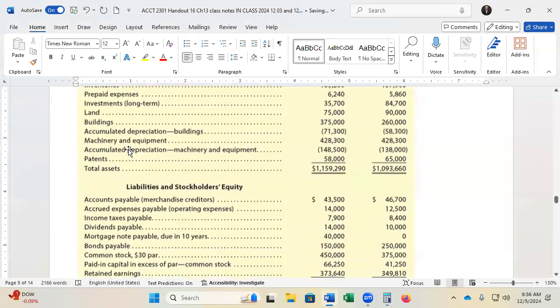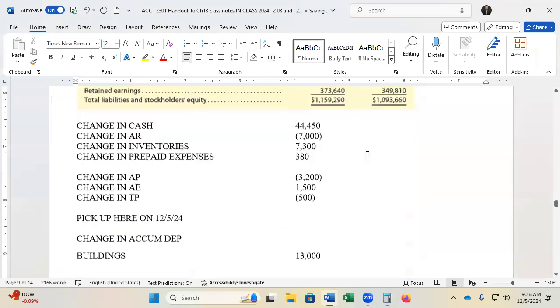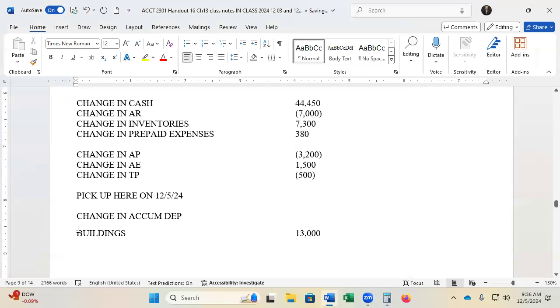And then we have accumulated depreciation for machinery and equipment, and that looks like 10,500. Is my math right there? Okay. So total depreciation is 23,500.